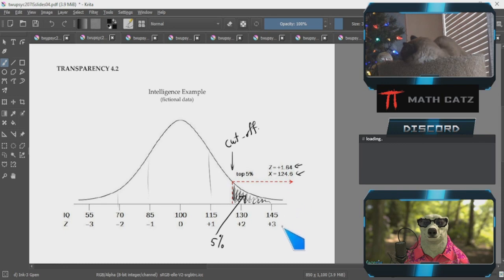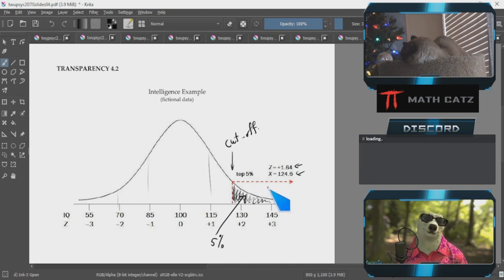So in the general population, anyone with an IQ score of 124.6 is, roughly speaking, in the top 5% based on this distribution. So if you didn't have any skill and you were just randomly choosing a person, then you would have only a 5% chance of selecting someone with an IQ above 124.